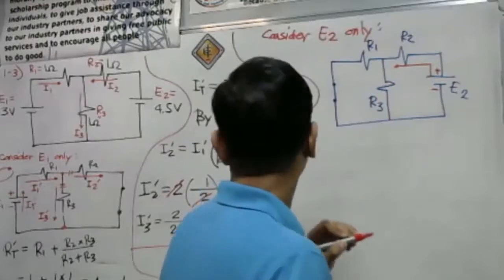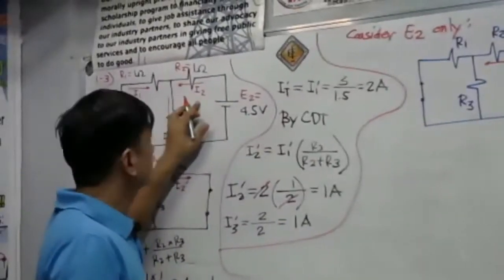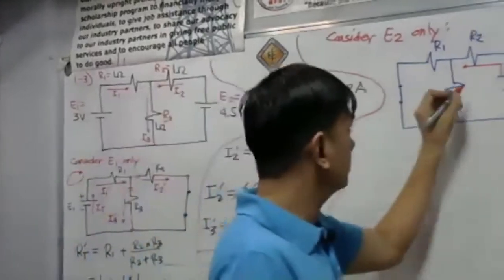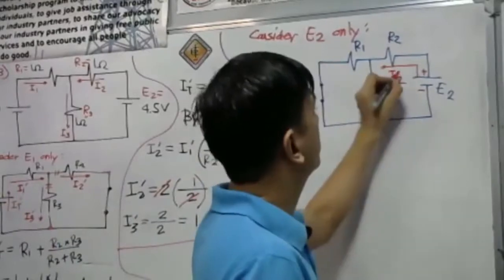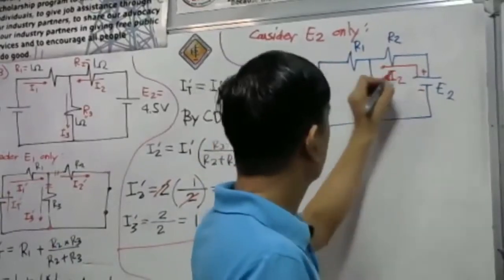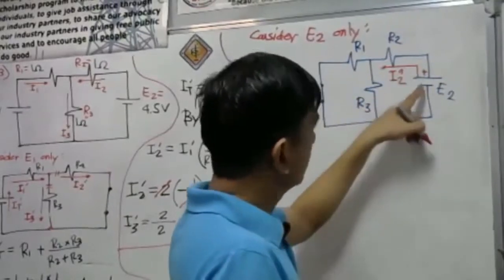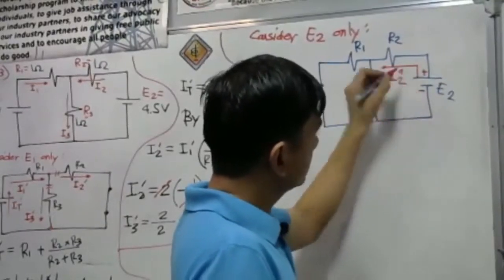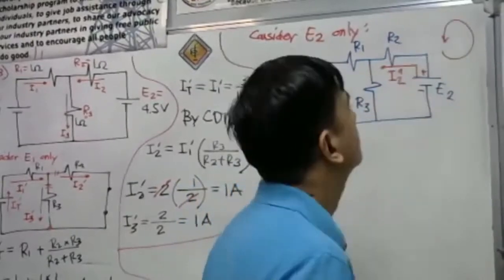Okay? So, in the original circuit, this is I sub 2. So, designate also this as I sub 2, but put here double prime. As we see here, there should be a counterclockwise direction for the current.